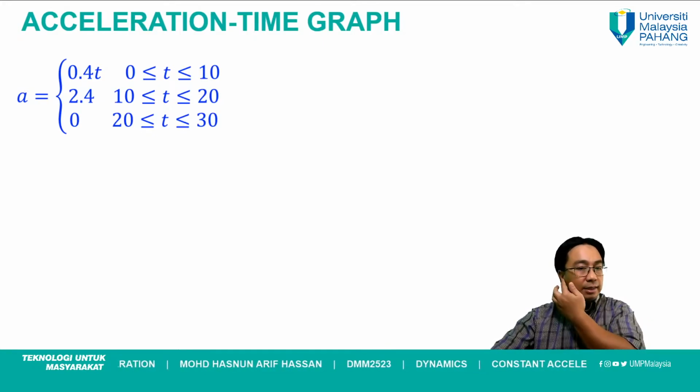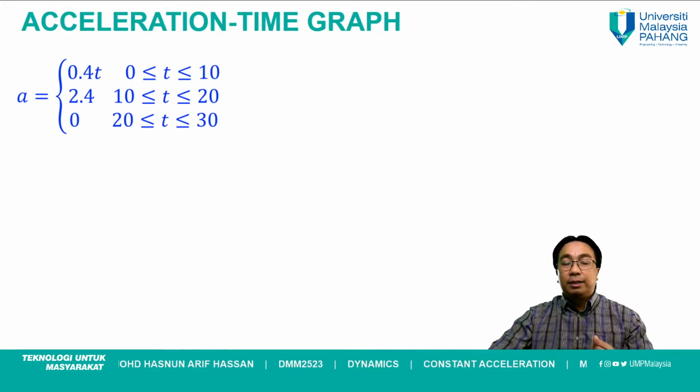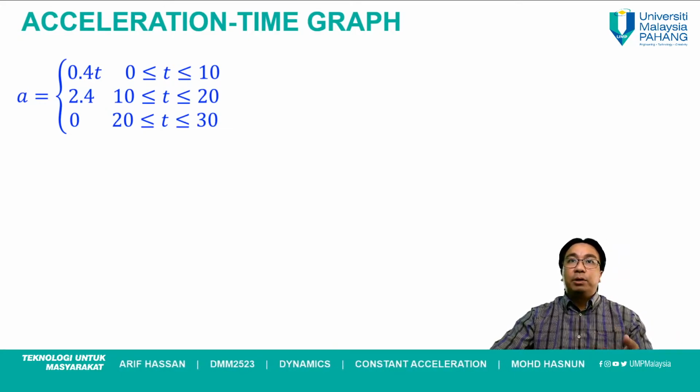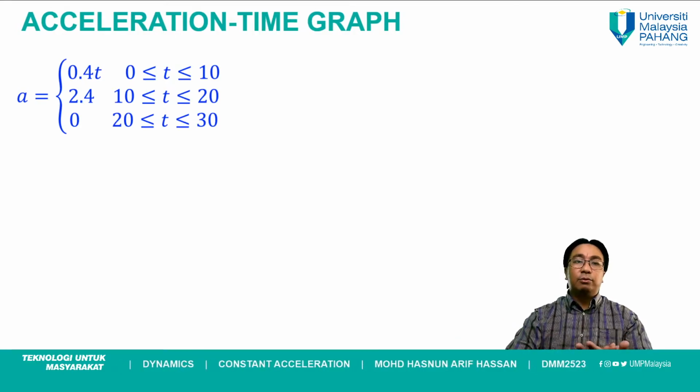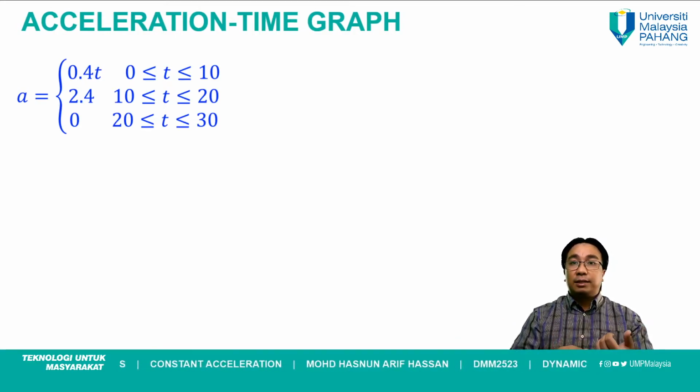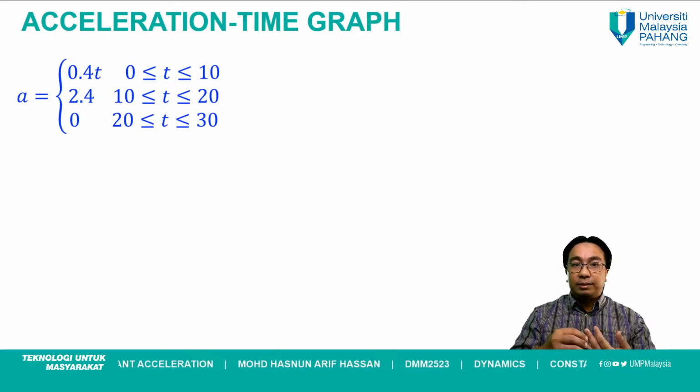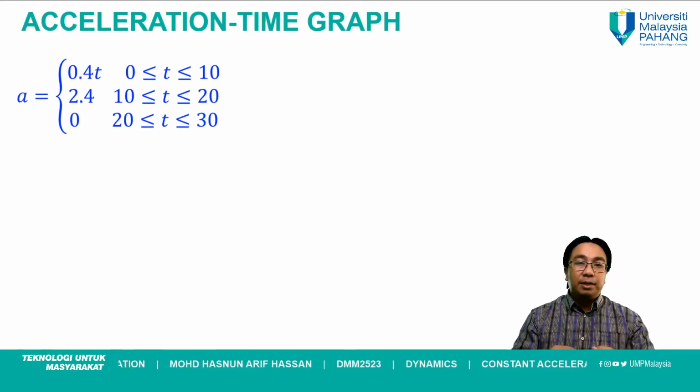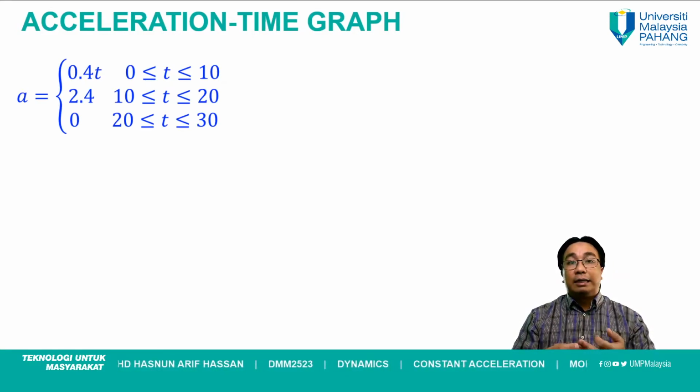Basically this subtopic is for you to be able to draw the graph of the motion. So kita akan lukis graph acceleration lawan time, kita akan lukis graph velocity lawan time, kita akan lukis graph displacement lawan time.